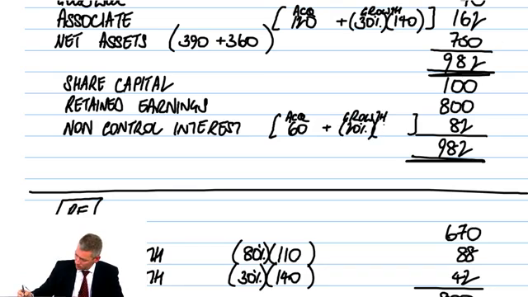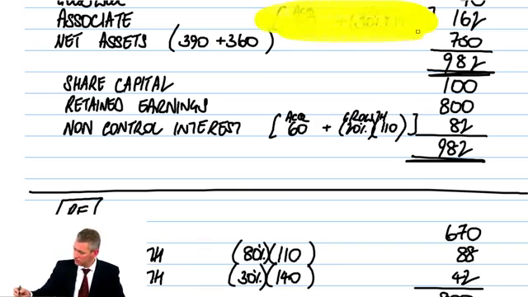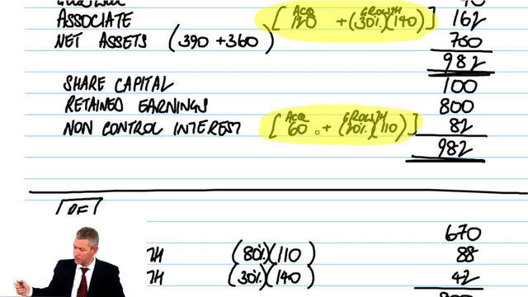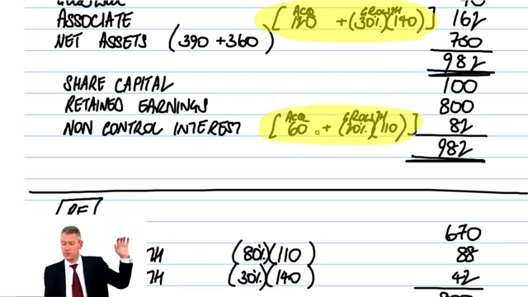You've probably guessed what it is I'm trying to highlight to you. I'll literally highlight now. These two are the same, aren't they? These two calculations are the same. Do you see that? They're identical.